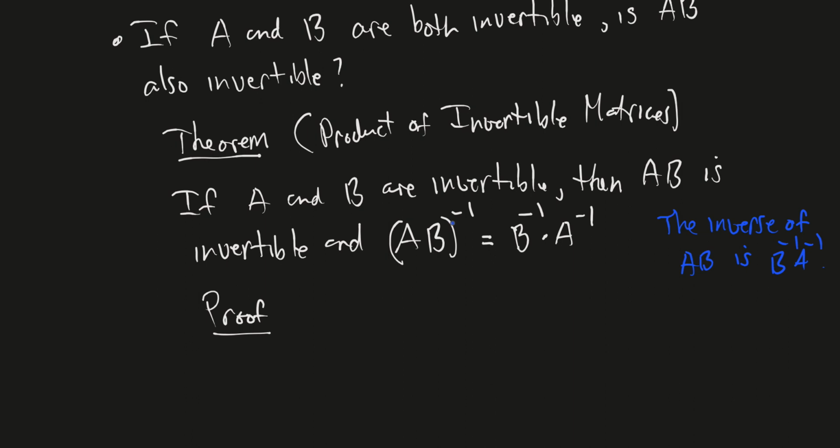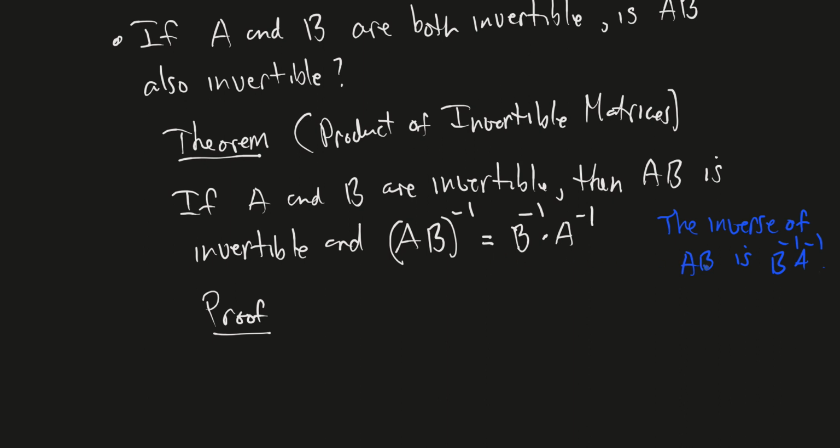Remember, we use the -1 like an exponent, even though it's not really an exponent. Think of it as a superscript. The only thing we use this for in the context of matrices is to indicate an inverse, and that's what this is saying: the inverse of AB is this thing. Well, how would I prove something like that? Why don't we just check to see if the definition of the inverse is satisfied?